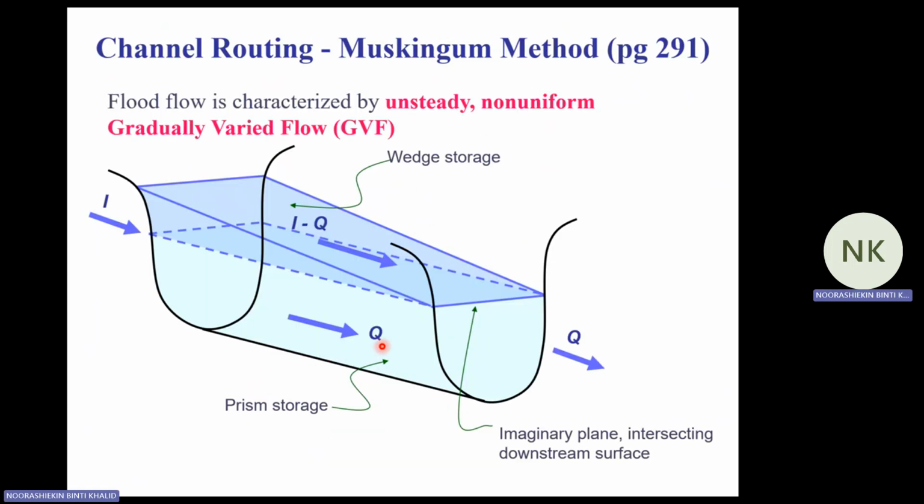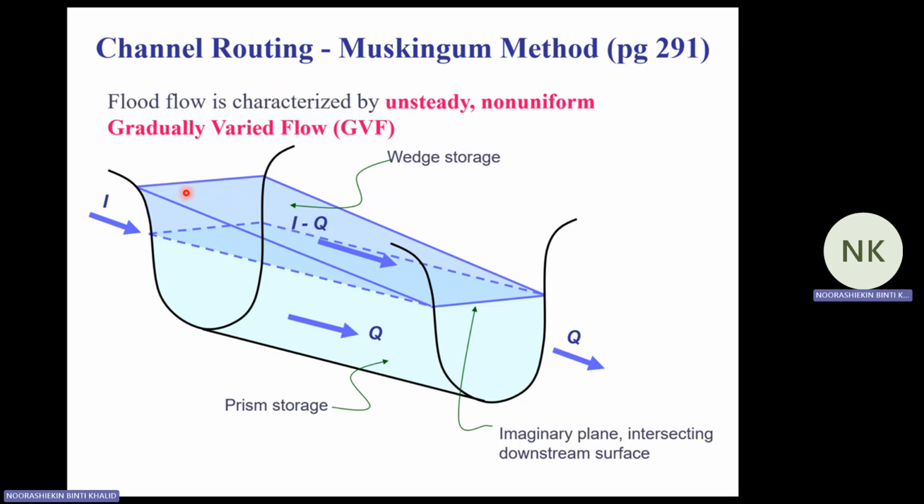Then channel routing, with wedge storage and also prism storage. This shows how the flood moves from the upstream to the downstream, so a wedge storage will happen.